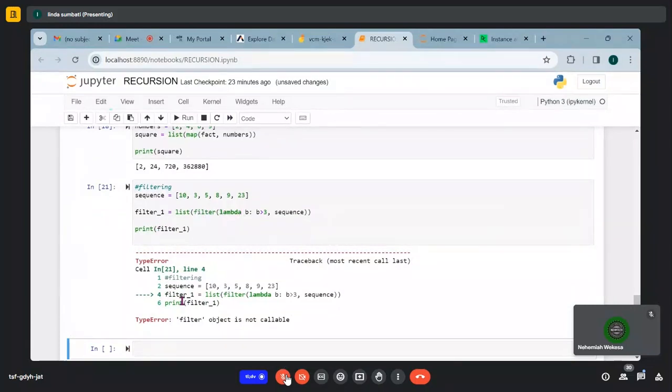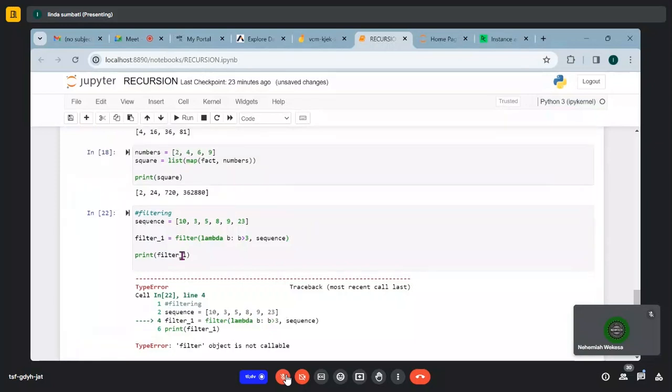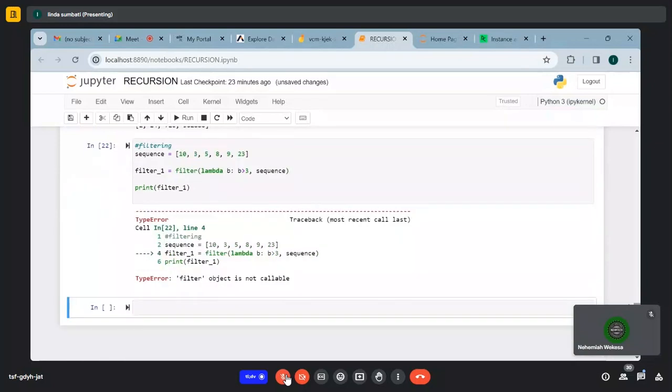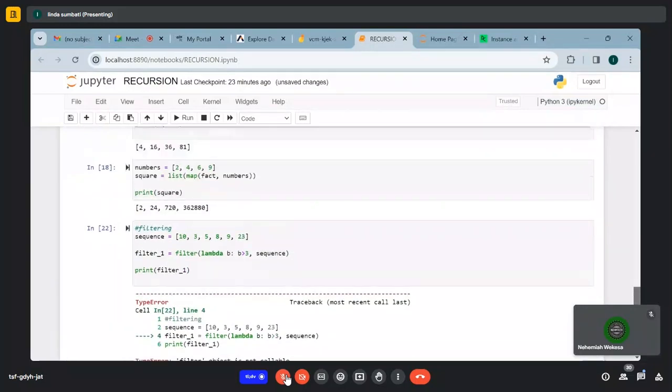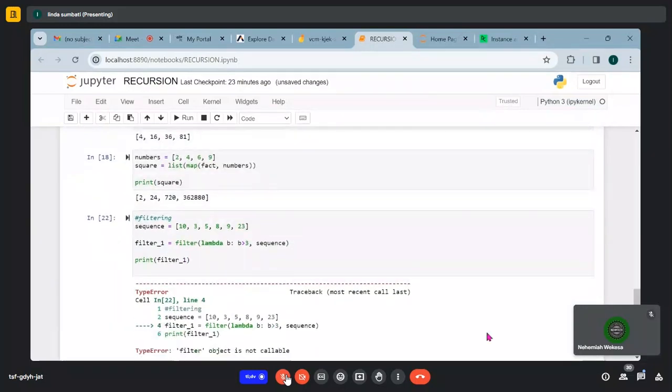Could it be the brackets? I'm trying to count the brackets that we have used. So this one closes this, then this one closes this. Let's see. It would help to know where the problem is.